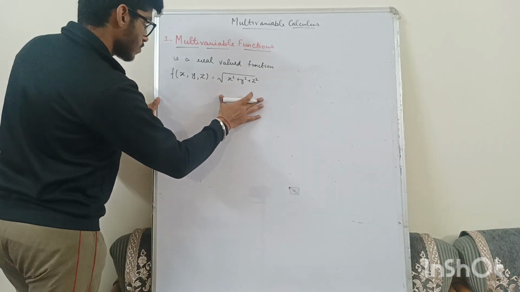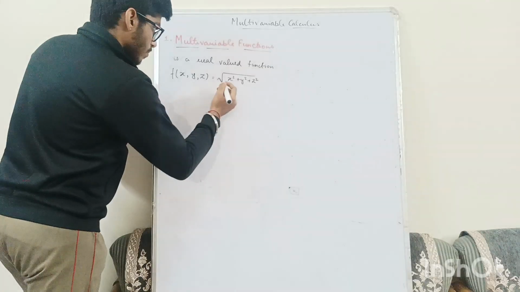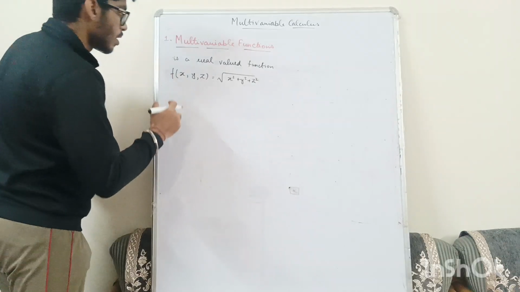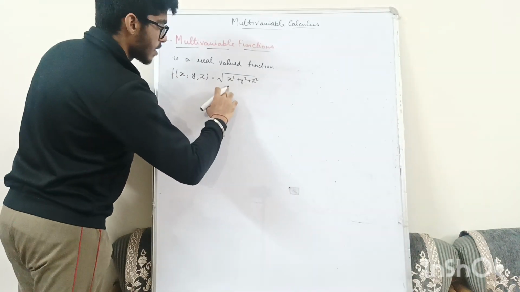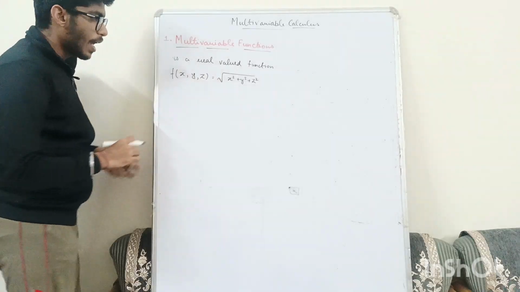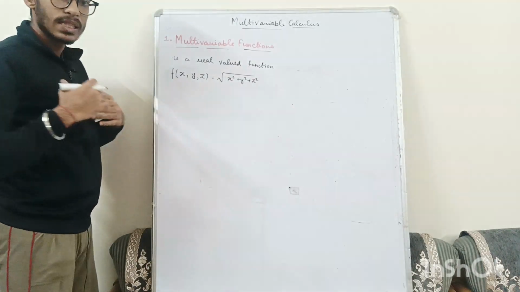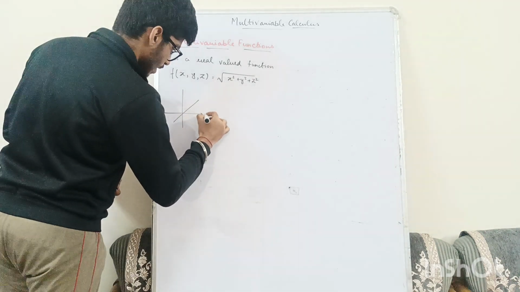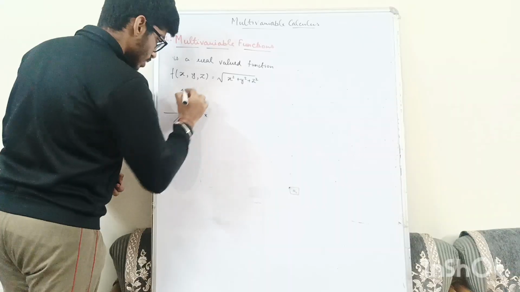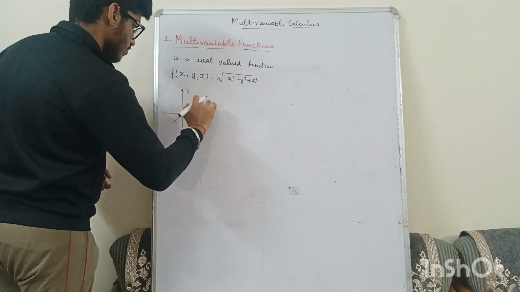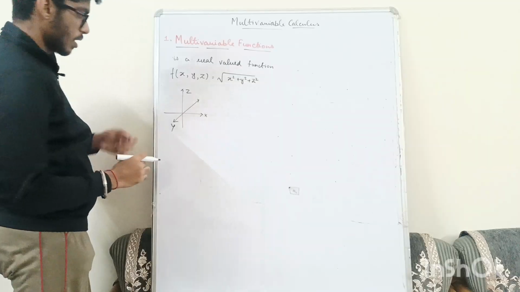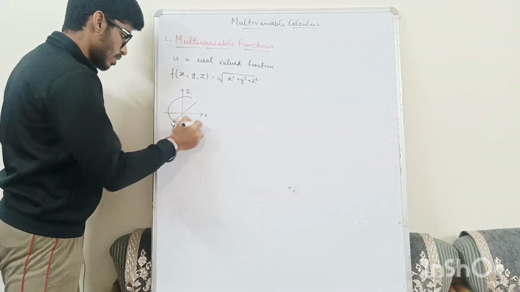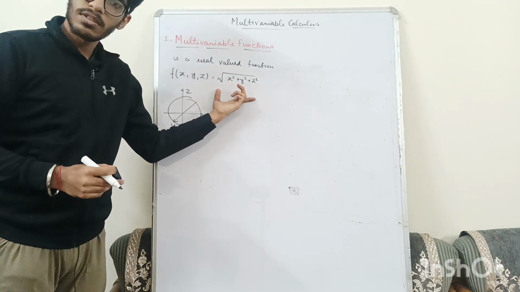I can try to define its domain and range. So look at this function. The function is defined as the square root of x square plus y square plus z square. And for every value of x, y and z in the 3D plane, right? This is my 3D plane, this is my x, this is my y, and this is z. So for every point in this 3D plane, my function is defined.